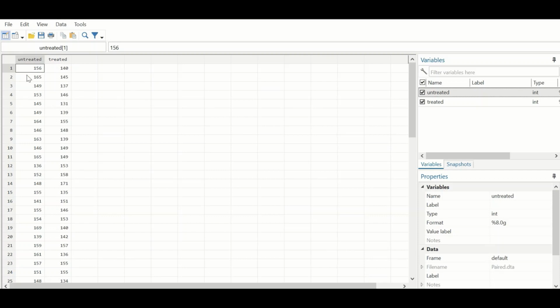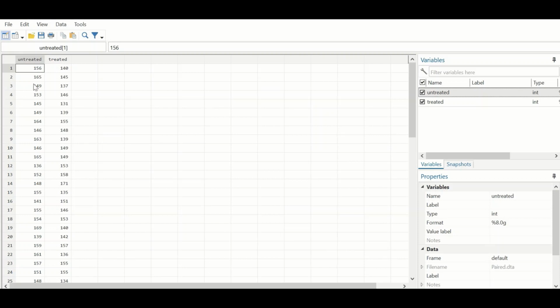The first condition when there was no treatment, and the second condition when the treatment has been administered. The overall aim of this research study is trying to examine whether a novel drug has an effect on lowering the systolic blood pressure.